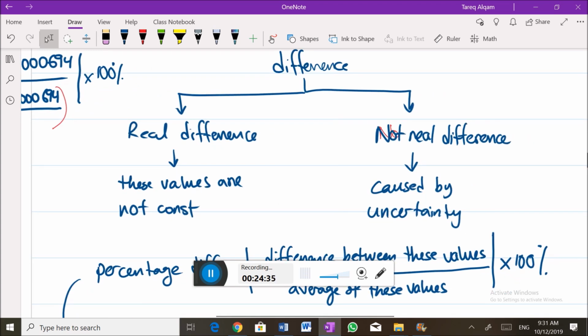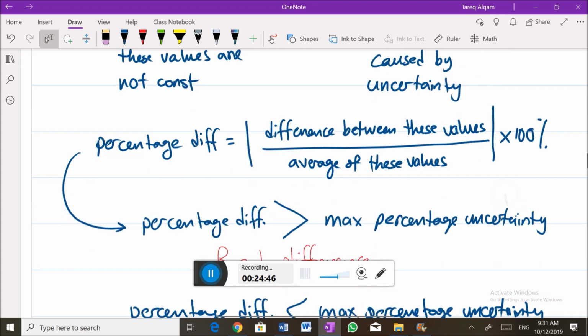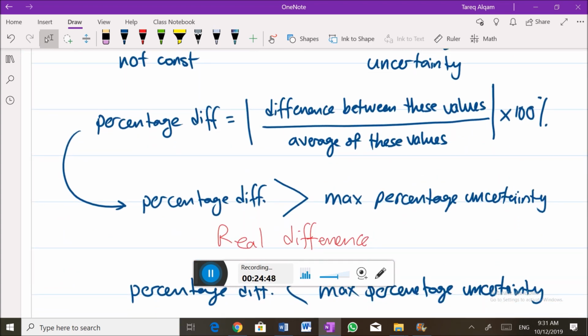Or they are almost constant. They should be constant, but as a result of uncertainty, there is a difference. How can I check this? If I want to check this, I have to calculate something called percentage difference. Percentage difference between these two values is the difference between these two values over the average of these values times 100%, of an absolute value.